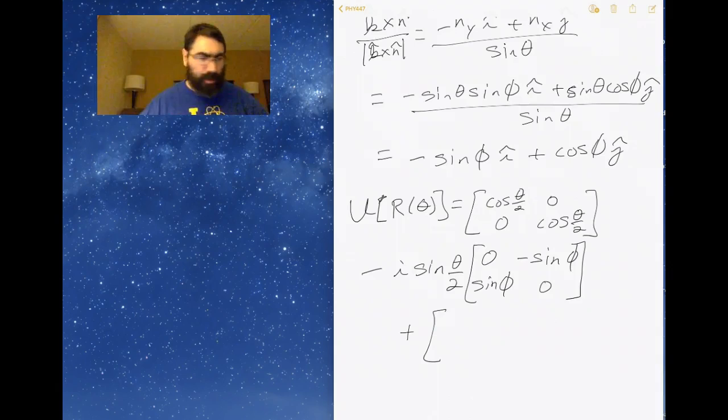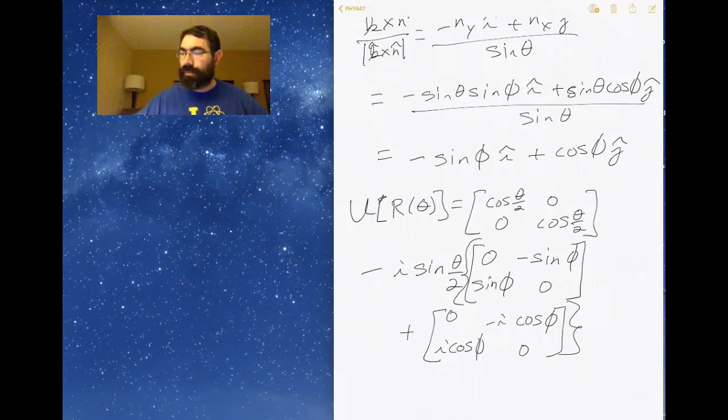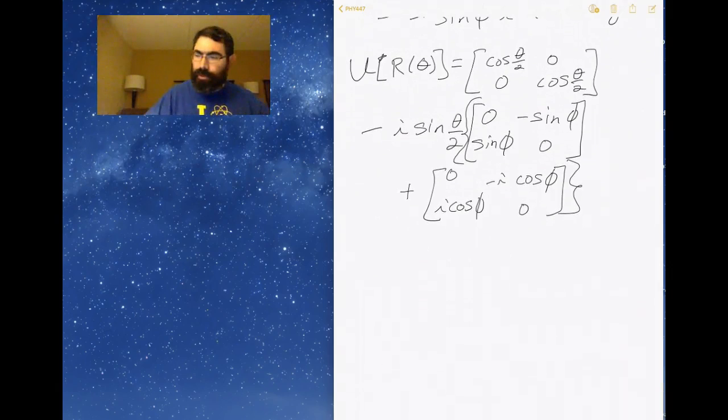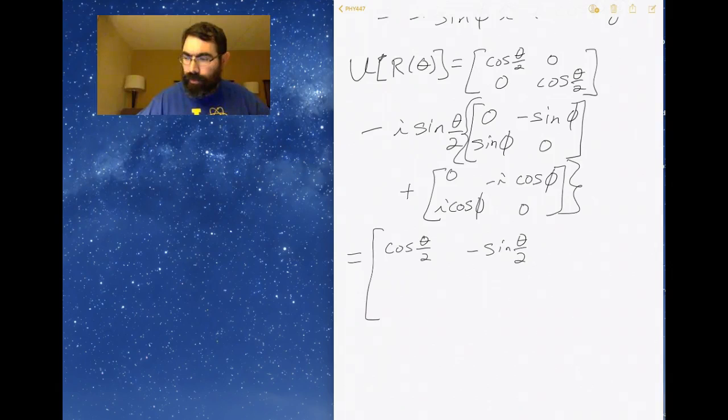plus the matrix 0, minus i cosine phi; cosine phi, 0. That's for ny. So if I pull this together into one big matrix, I have cosine theta over 2, and then minus sine theta over 2 times cosine phi minus i sine phi.